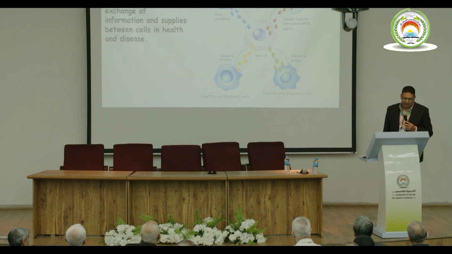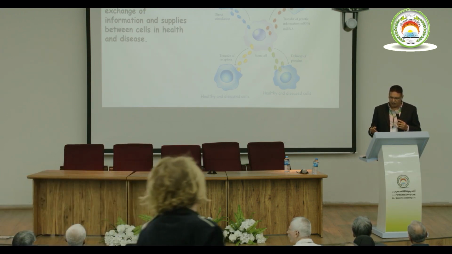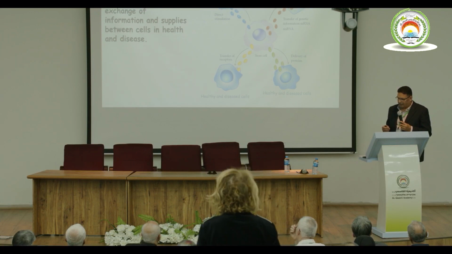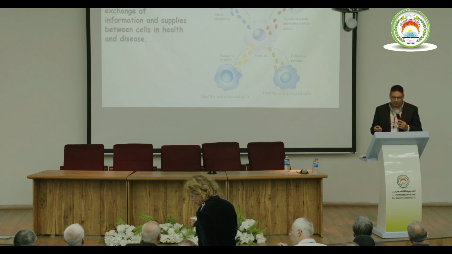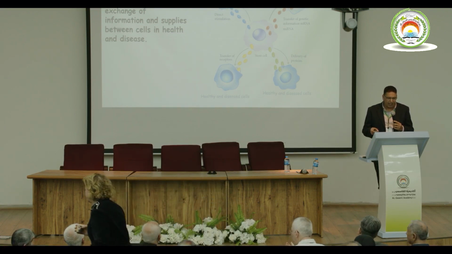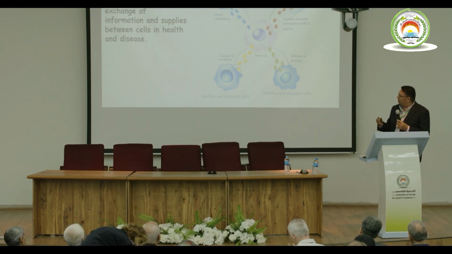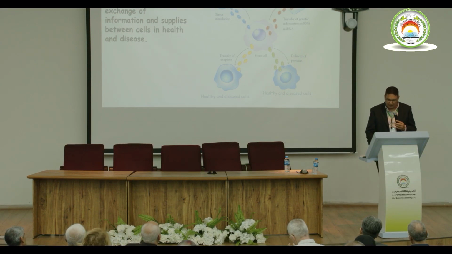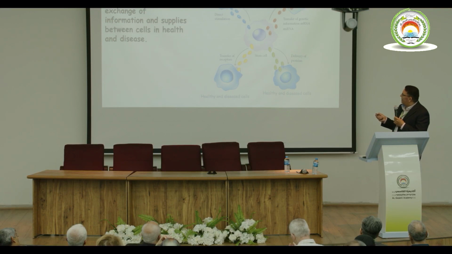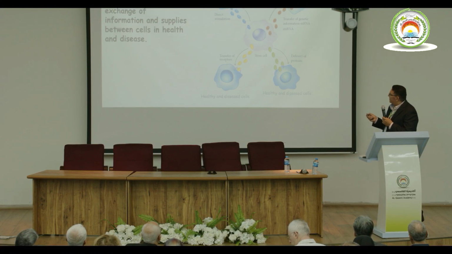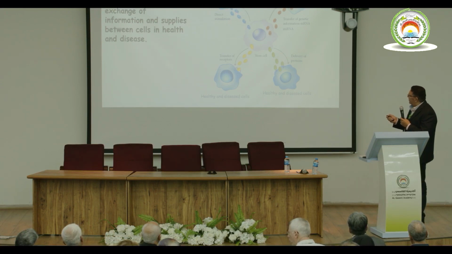Exosomes mediate the exchange of information between cells. They can trigger or stimulate some chemical or biochemical pathways, and also they can supply some material to the cells. For example, here we can see that there is a direct stimulation, like providing some material, some information, or triggering some stimulation.